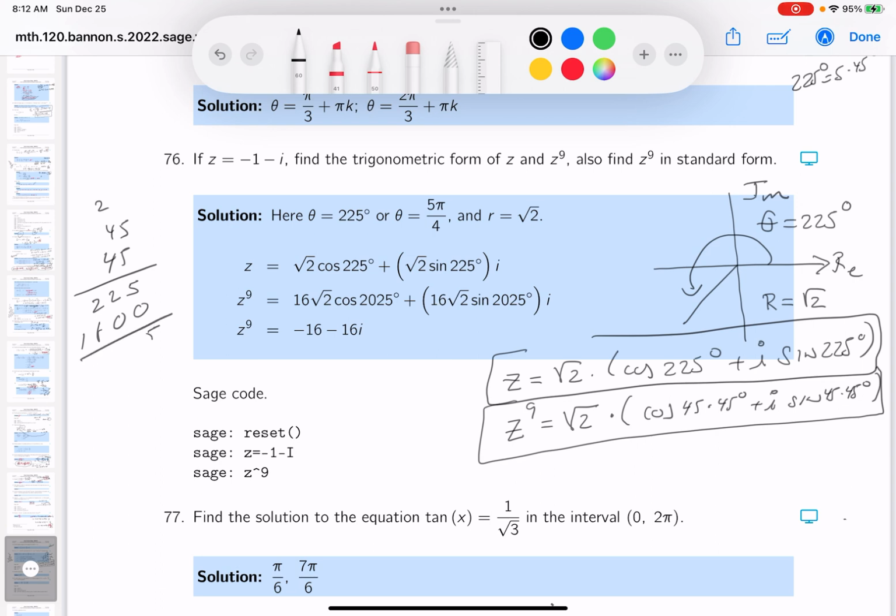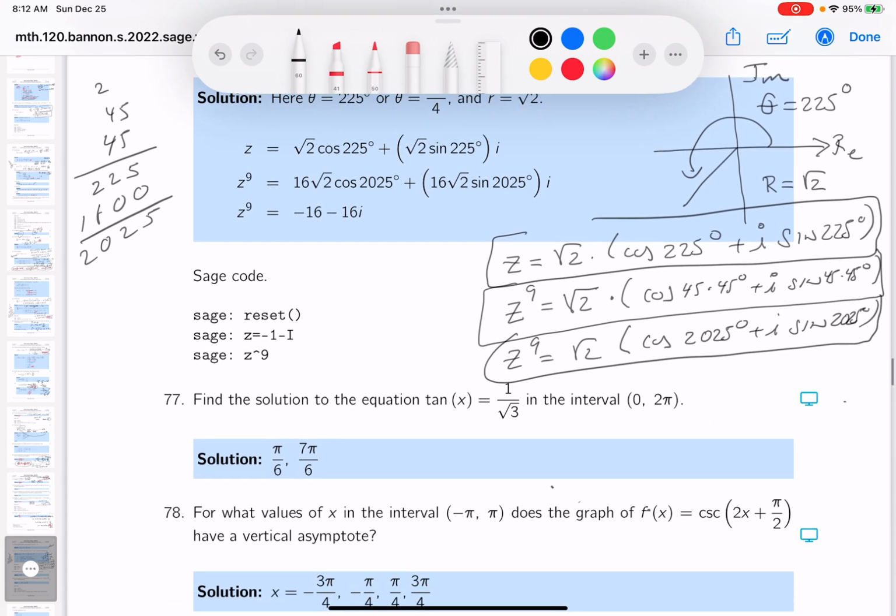You get 5, 2, and that would be 2025. Let me write that down. So Z^9 is square root of 2 times the cosine of 2025 degrees plus i sine 2025 degrees. By the way, they also asked me to write it down in the a plus bi form.